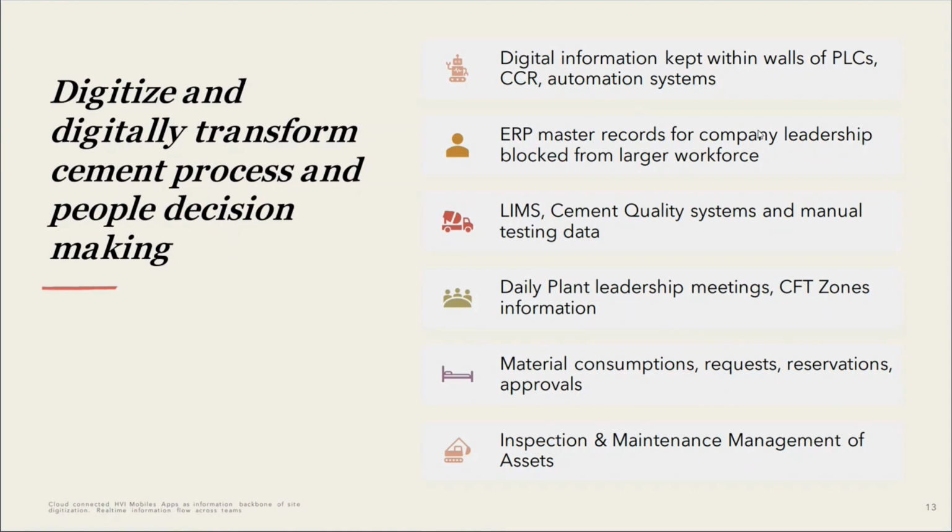So there is a lot of information flow within the plant teams. But a major portion of it is either on Excels, email, or paper. And at the end of the day, or perhaps in a week, it is back-flushed to the ERP systems, be it SAP, S4HANA, ECC, or any other system.